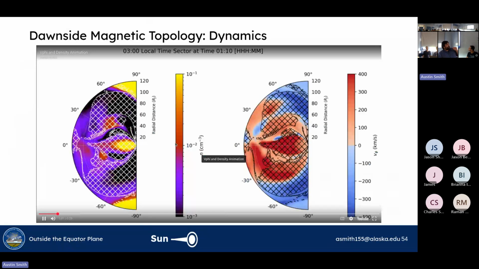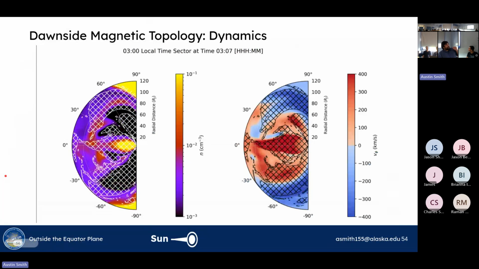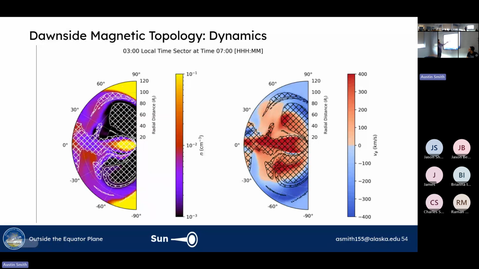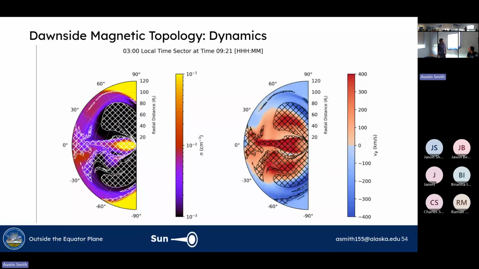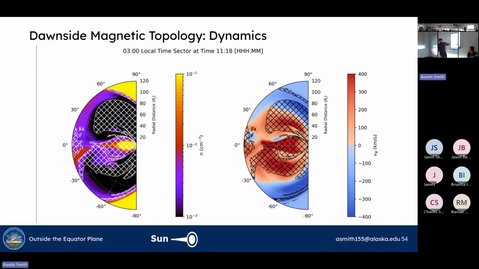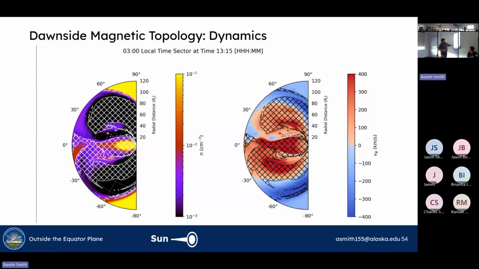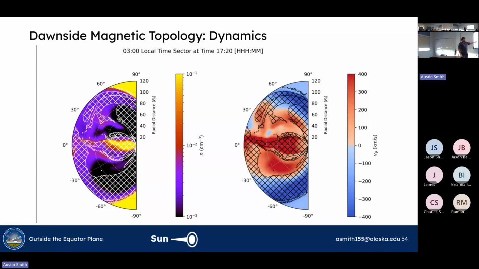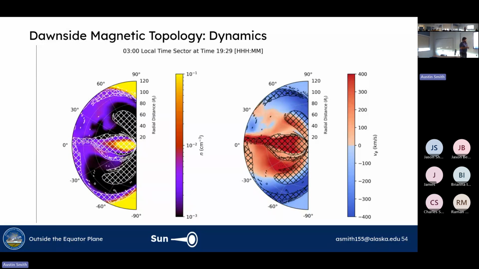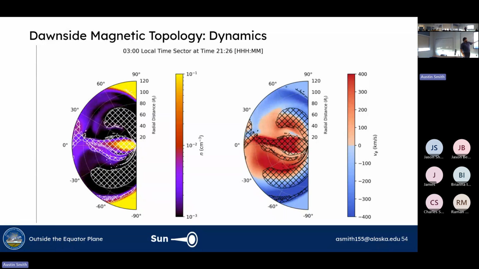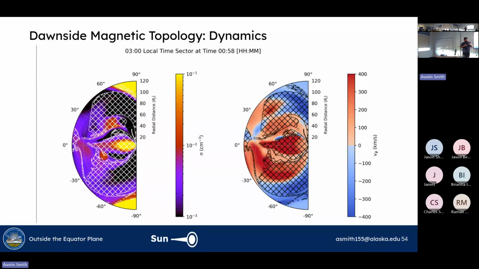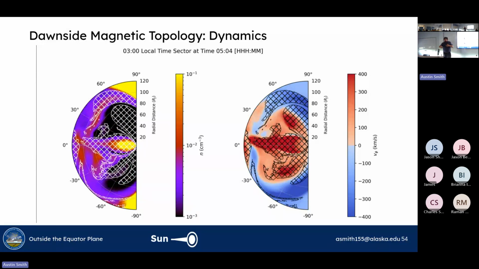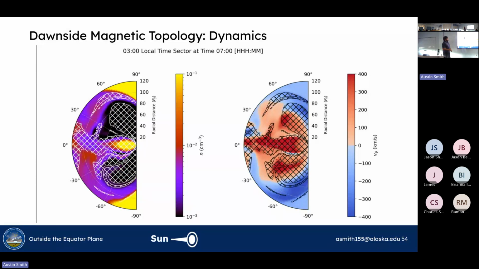This is a very dynamic system. So on the left here, this is density at 3 local time, and this is the flows again. And the hatched regions are showing where the closed magnetic flux is. And if there's no hatches like here, that is open magnetic flux. So you can see the field topology is very dynamic. And sometimes here, there's very high density on open field lines right next to low density on closed field lines, and it changes.